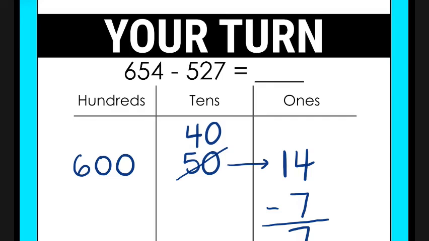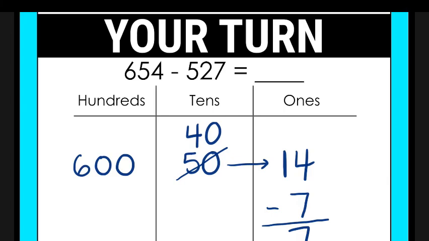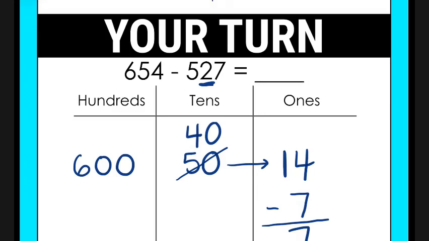Now let's look at our tens. How many tens do I need to take away? I need to take away 2 tens. So I'm going to have 40 minus 20. What is 40 minus 20? It equals 20. And finally, how many hundreds do I need to take away?